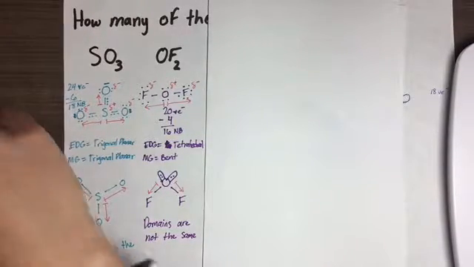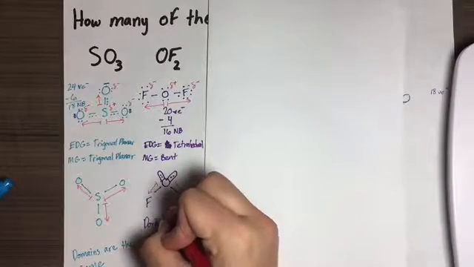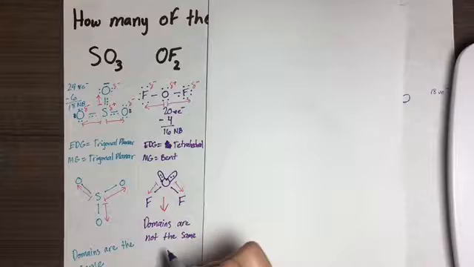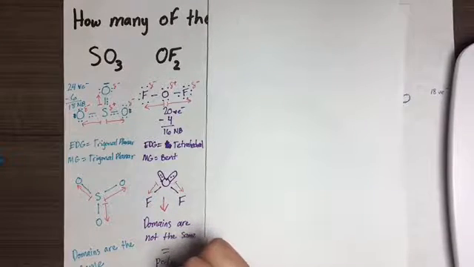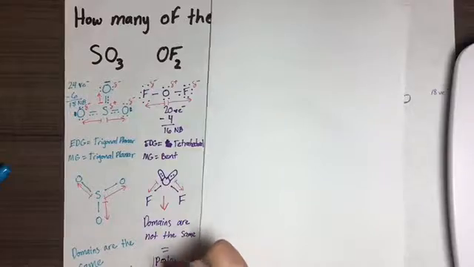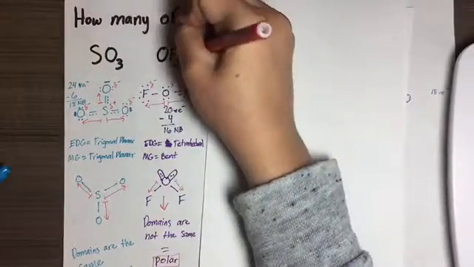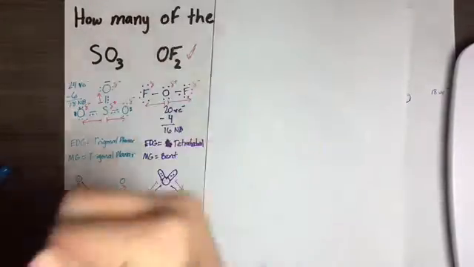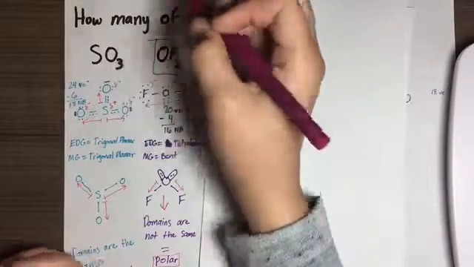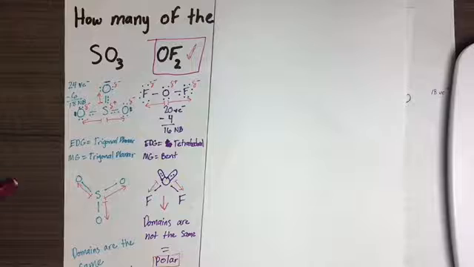And our net dipole is going downwards. So that means that this molecule will be a polar molecule. So that answers part of our question here. OF2 will be a polar molecule.